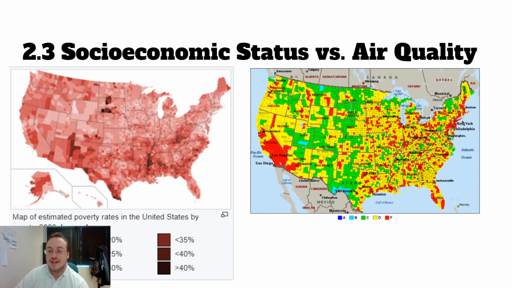If we're looking at this area along the northeastern coast, where there is a very high population density, we can see that the air is very, very bad. However, most of the people do not live in poverty, right? This is a very light pink, and this is by percent.